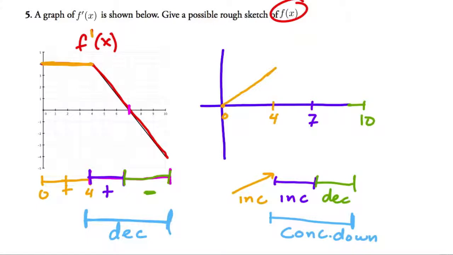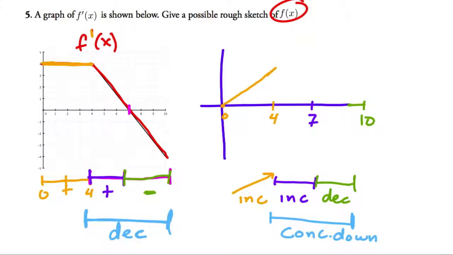Let's work through this thought process. If the derivative is decreasing right here, like it is, then its derivative is going to be negative. In other words, the second derivative is going to be negative.